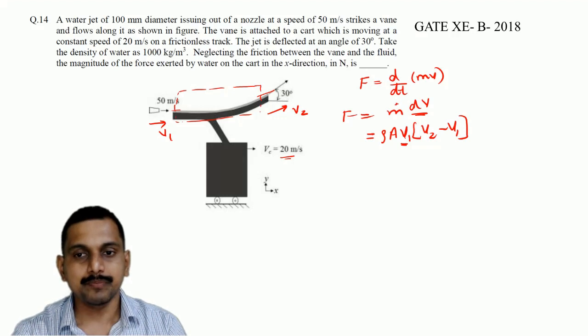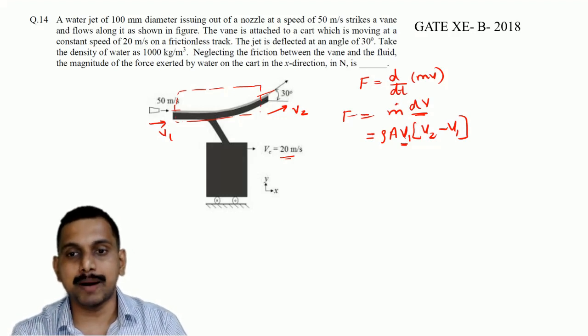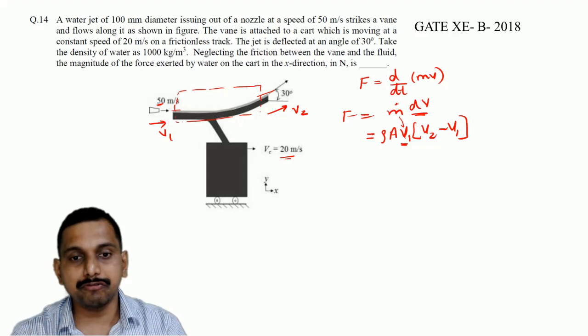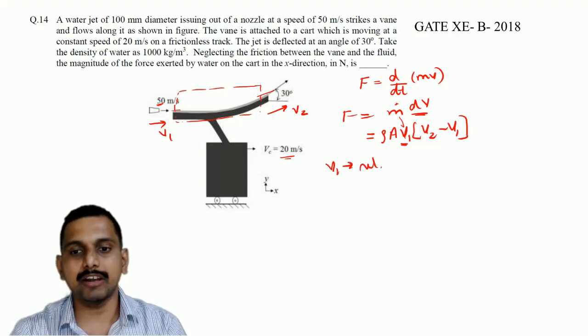There might be a mistake that people may take 50 meters per second for this mass flow rate. Do not take that. Take this v1 as 50 minus 20. So v1 is relative velocity, very important. Relative velocity here is 50 minus 20, so many meters per second.